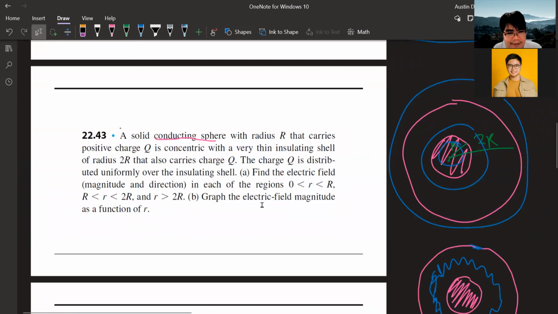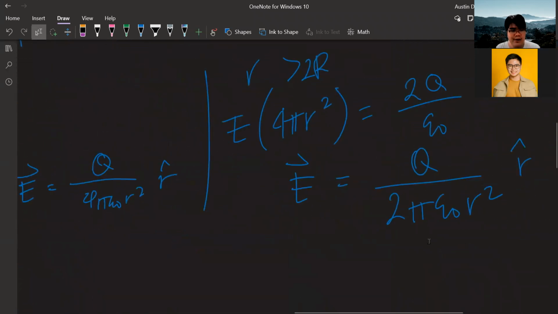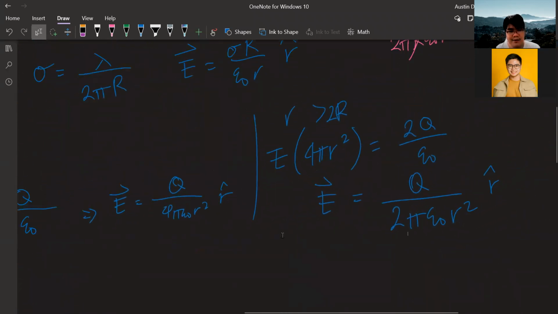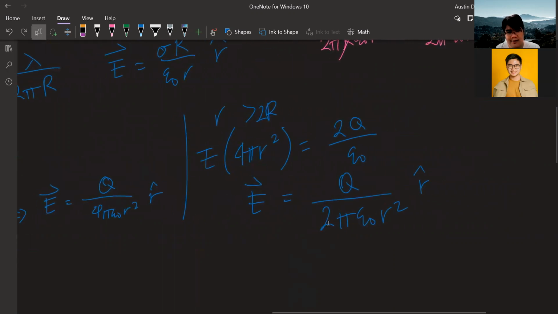Then next would be graph the electric field magnitude as a function of R. Okay, now be careful sa mga ganitong tanong, lalo na pag mag-graph. Kasi mapapansin mo, by just looking at it, sinong mas malaki. Di ba mukhang mas malaki itong pangalawa kasi over 2 lang siya, tapos ito over 4.